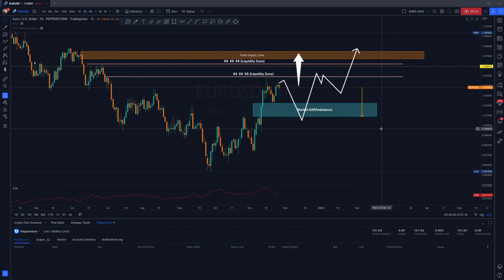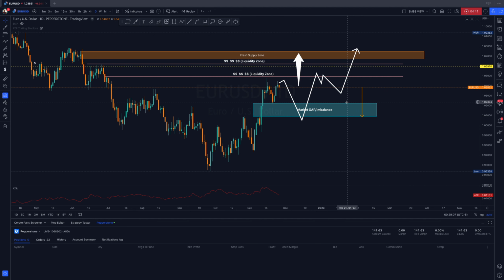So if I'm looking at this Euro USD to buy, and this is the daily time frame, at times for these moves to happen, it might take 1 week or 2 weeks for you to actualize this move, because it uses the daily.